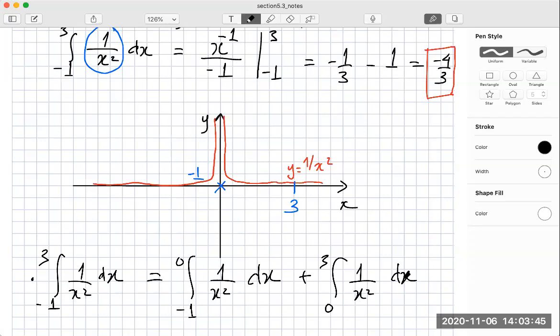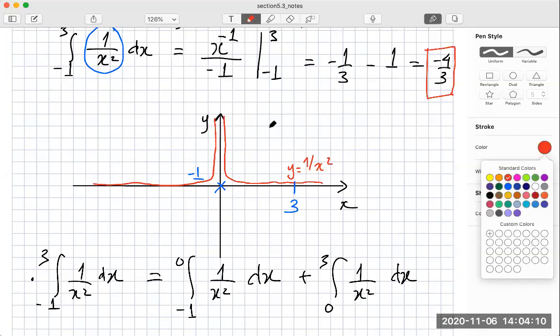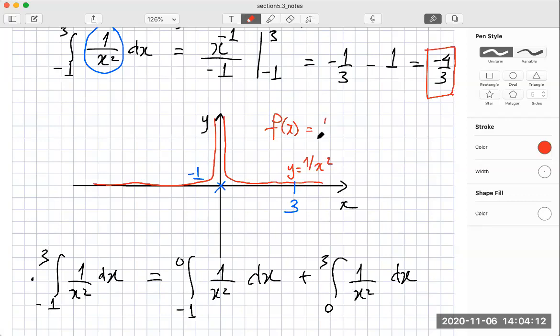And when you write it out explicitly, you see that the limit will go to infinity. And therefore, it is not defined. The integral here does not exist. Okay? That is one thing we should keep in mind. Because f of x equal to 1 over x squared is not continuous on negative 1 to 3. So be careful.